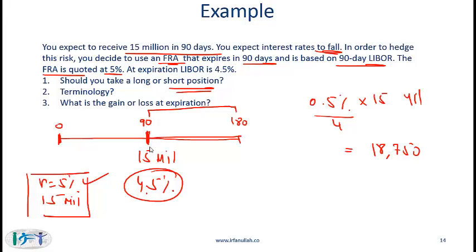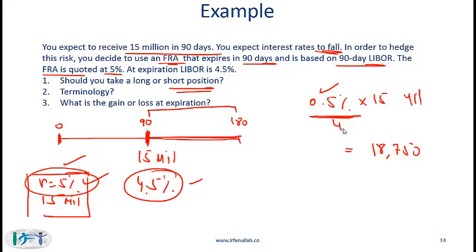So let's quantify your benefit. With an FRA, the benefit is paid to you here, but we need to calculate that benefit. If you look at the difference between the contract rate and the market rate, that difference is 0.5%. But this 0.5% is an annualized number because both 5% and 4.5% are annualized numbers. You divide by 4 to give you a de-annualized number because this is a 90-day period, which is 1/4 of a year.